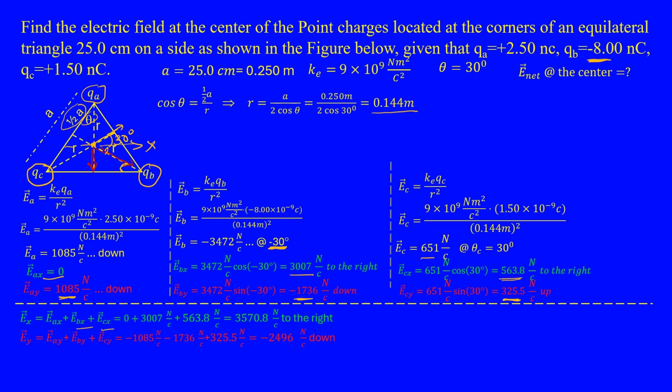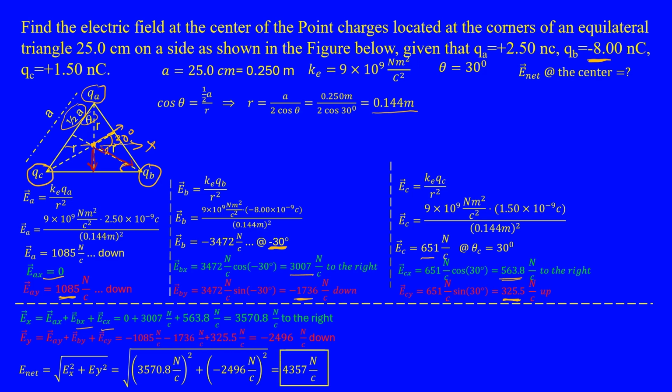So the net electric field, using the Pythagorean theorem, E net will be equal to the square root of E in the x direction squared plus E sub y squared, under the radical. That is 3,570.80 newton per coulomb squared plus negative 2,496 newton per coulomb squared, under the radical. And that yields 4,357 newton per coulomb. And what's the direction? The direction is going to be tan inverse of the vertical component to the horizontal component.